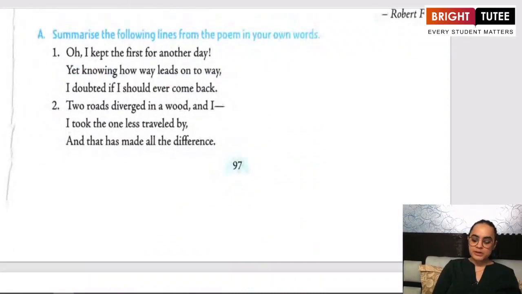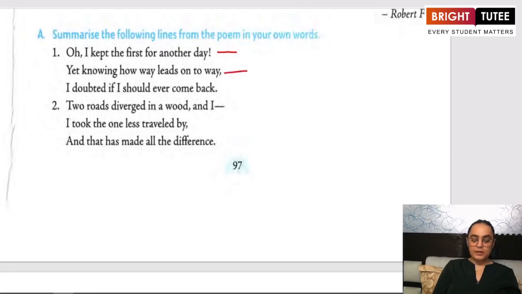Summarize the following lines from the poem in your own words. "Oh, I kept the first for another day, yet knowing how way leads on to way, I doubted if I should ever come back." As I told you, he was the first one to decide which road he had to choose that day. So he was to make a new and a fresh decision for that particular morning.